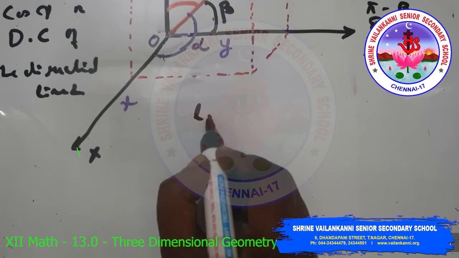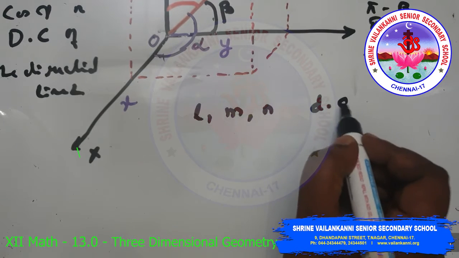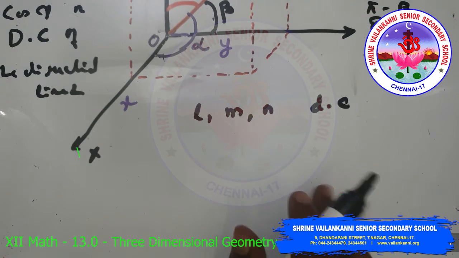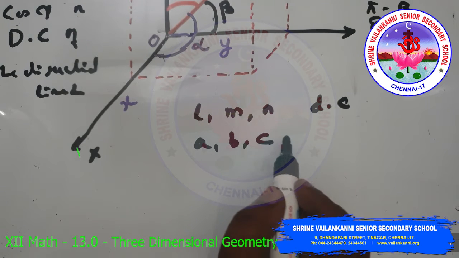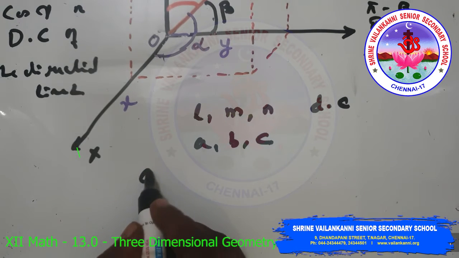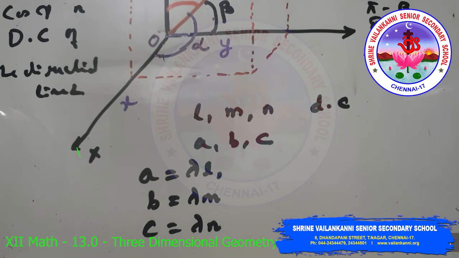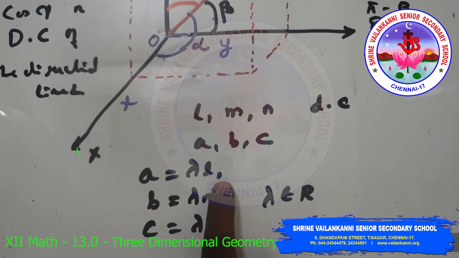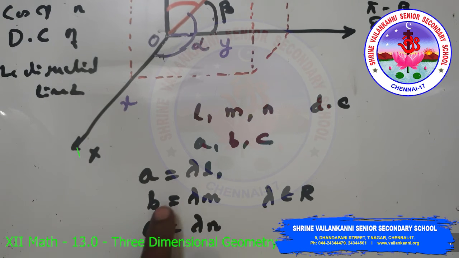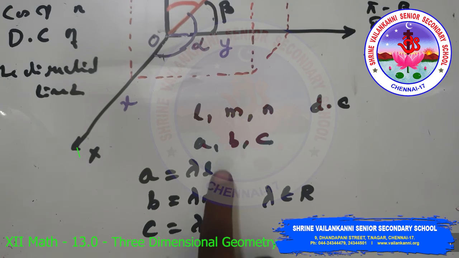If l, m, n are direction cosines of a line and a, b, c are direction ratios of the line, then a equals lambda l, b equals lambda m and c equals lambda n for any non-zero lambda that belongs to R. So direction ratios are three numbers a, b, c which are proportional to the DCs of a line.